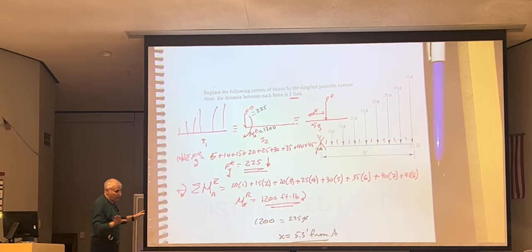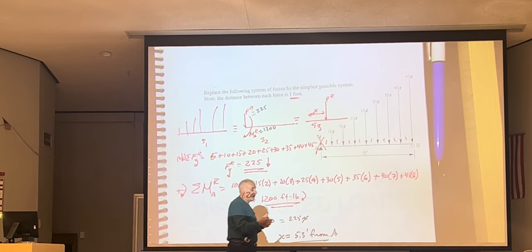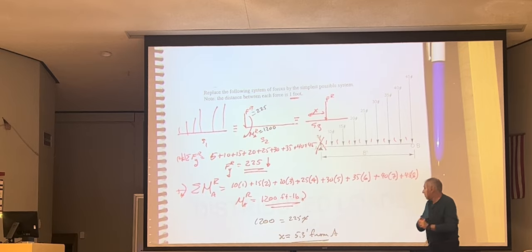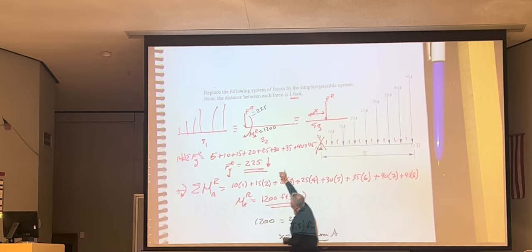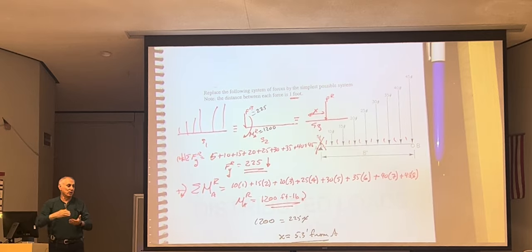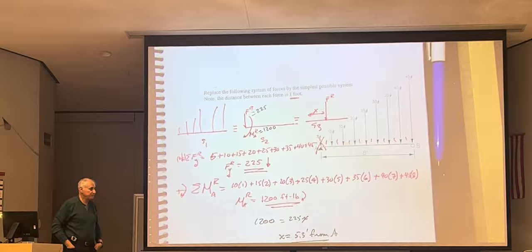Internally, a whole different animal. They're not equivalent internally. Okay? But these are system 3, system 2, system 1, all equivalent externally. The beam does not know the difference of how you loaded it. Couldn't tell you the difference.